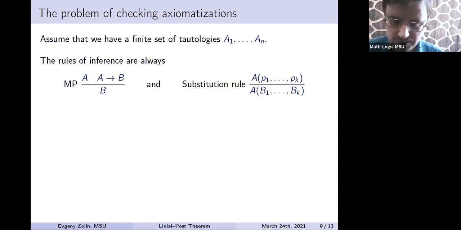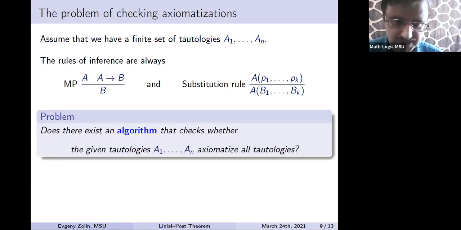And we ask the following question: does there exist an algorithm whose input is this finite set of formulas, which must always stop on any input A1, ..., An and return either yes or no, and it must return yes if and only if all tautologies can be proved from these axioms using these two rules?